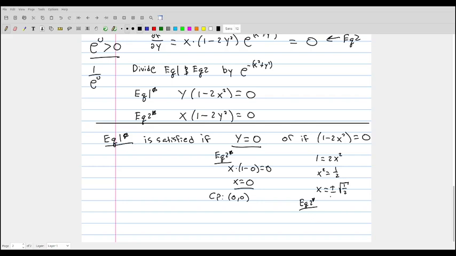In equation 2 star, if x is plus or minus the square root of 1 over 2, it becomes the equation plus or minus 1 over the square root of 2 times 1 minus 2y squared is equal to 0. And let's make some more room here so we can see this process out.